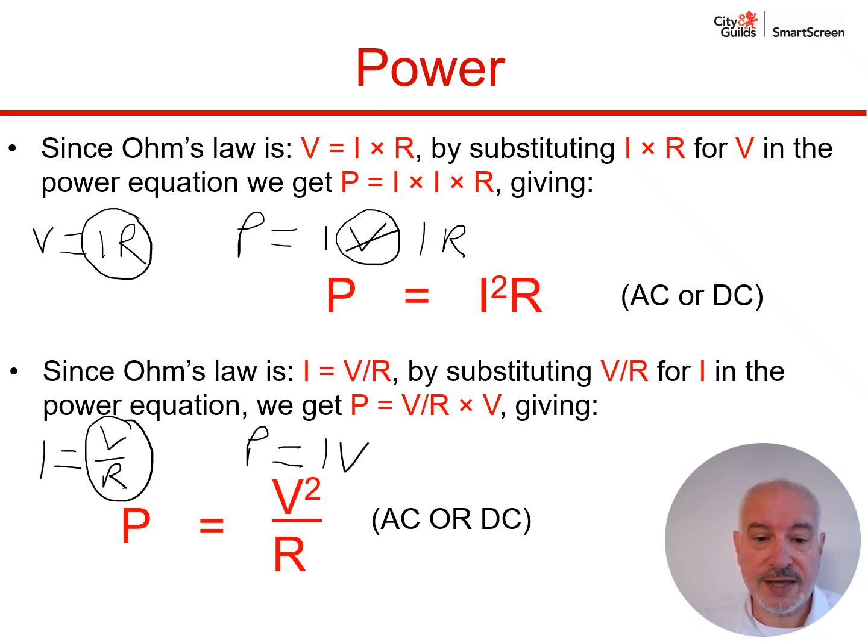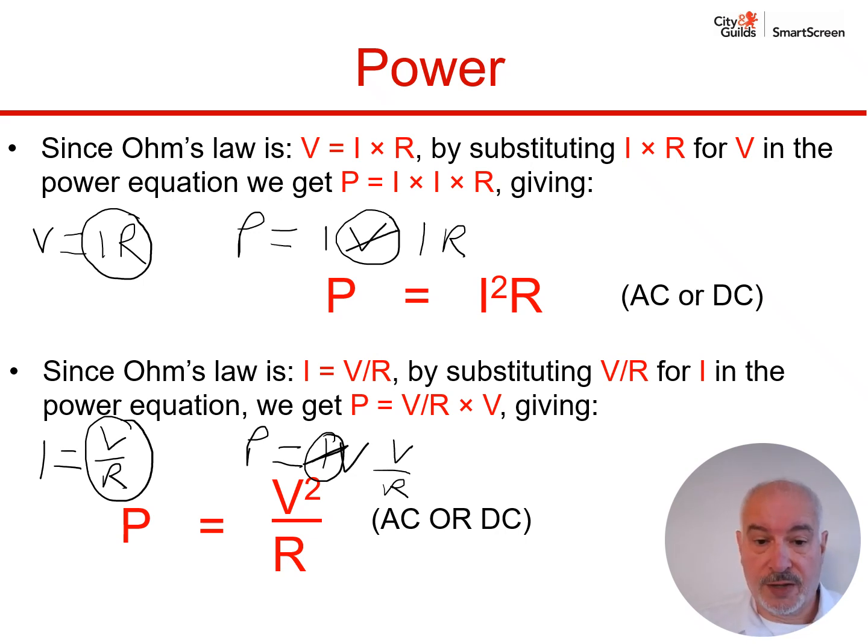We're going to take out the I, and that just leaves us with a V, but we're going to add in, instead of I, V over R. And of course, V times V over R, the V times V becomes V squared. So it's simply V squared over R.